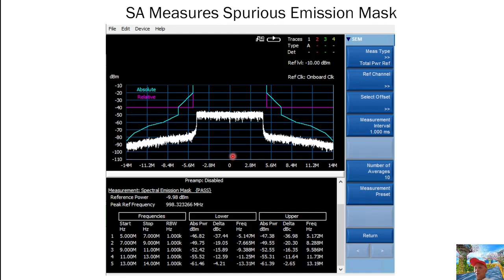You should set this value based on the requirement. Then your carrier power shouldn't exceed this mark here. So this is the mask. Basically, your value cannot be higher than that.